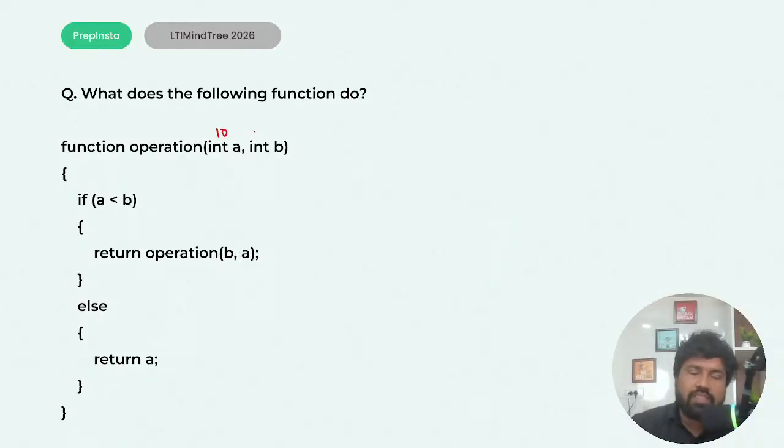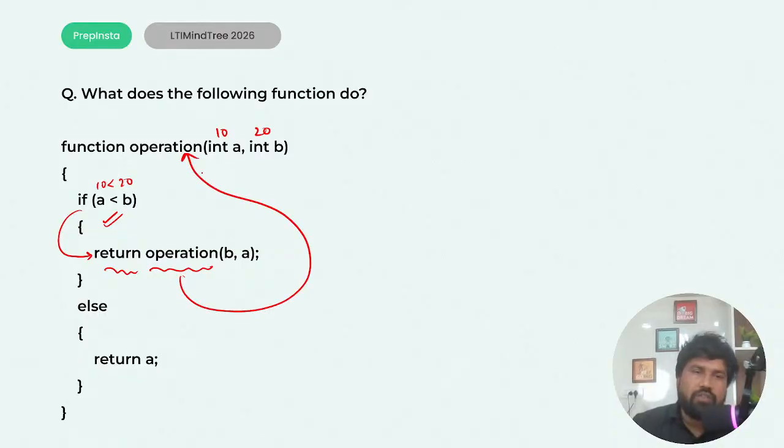So A is 10 and B is 20, as I have taken. 10 less than 20 is true. True means it will go inside the if condition and return operation. So it will call operation again, which is nothing but recursion, right? The function calling itself is called what? Tell me in the chat. Why I am asking the questions is to check whether you guys are following correctly or not.